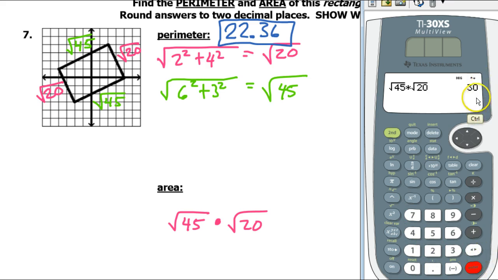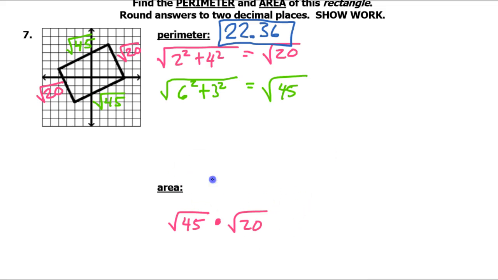All right, so that's 30. So the area is 30 units squared.